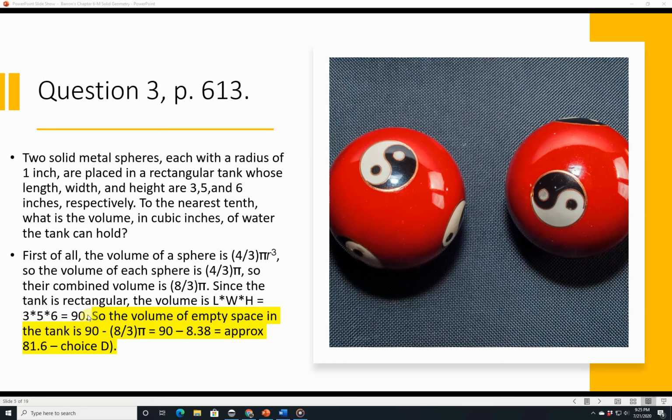So the volume of empty space in the tank is 90 minus 8/3 pi, all in cubic inches. 90 minus 8.38 is approximately 81.6, or choice D.